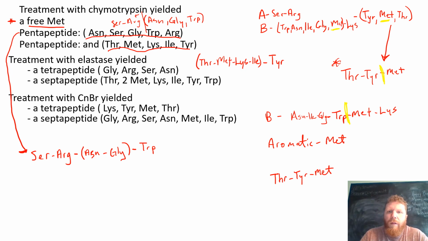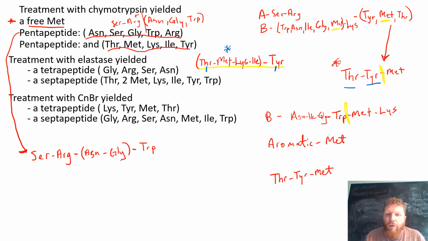Now, when we look at this peptide, and this is one of the ways that this gets kind of confusing, when we look at this peptide right here, the one that we just picked up, and we compare that to our data from our trypsin, well, we know that we have a sequence that is threonine followed by tyrosine. So we know that this residue right here and this residue right here are going to be at the C terminus of this starred polypeptide.